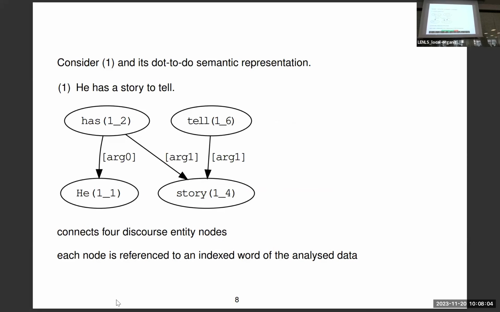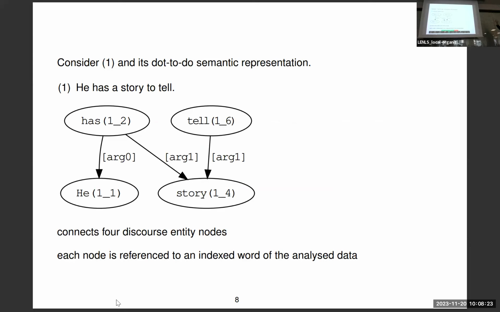So here's a simple example. He has a story to tell. Here we've got a graph with 4 nodes, and some connections between these nodes, which capture the argument relationships and consequently the semantic content.